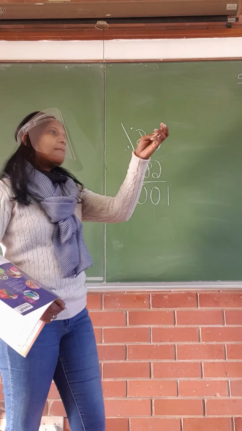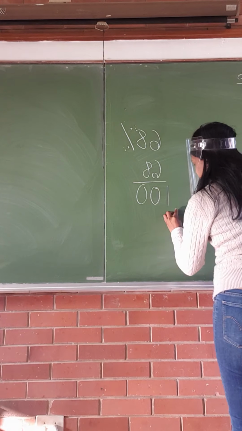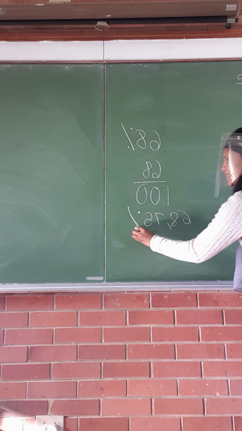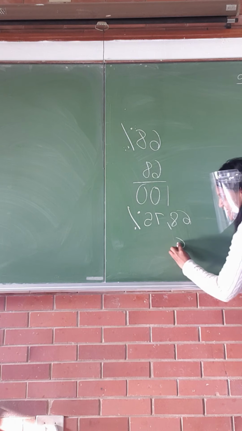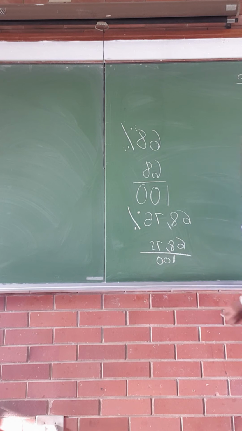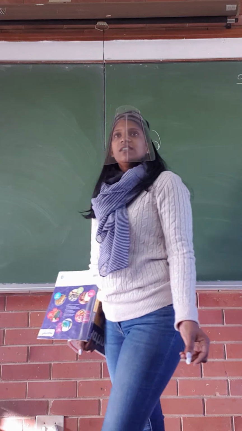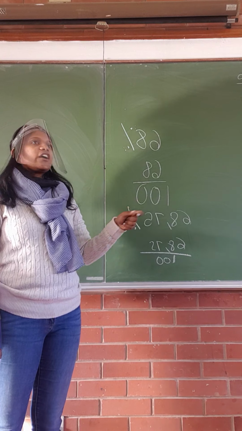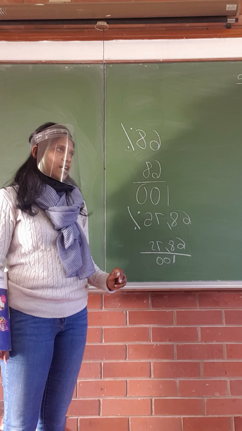So even if your number is a decimal like 68,75%, it means that it's 68,75 out of 100. That means I got 68 marks out of 100, or I got 35 marks out of 100.